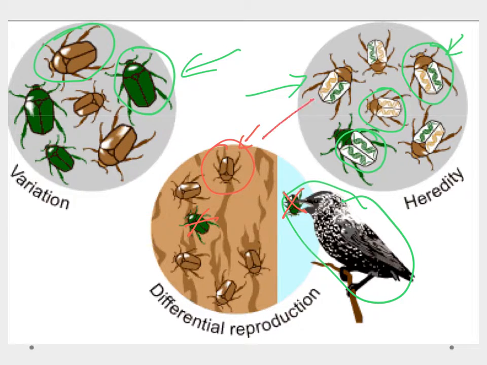So even though these brown ones may be either homozygous or heterozygous, we don't lose the green in the population, but the greens aren't going to have a better chance of reproducing. So that's how natural selection works. Nature's going to make a choice, and the individuals that are able to survive a little bit better, those are the ones that are going to reproduce, and that's how we can see a shift in the population.